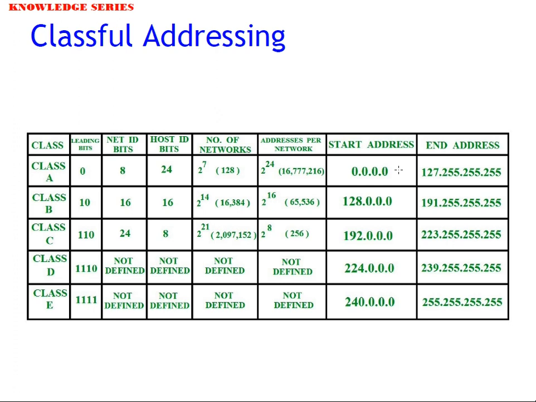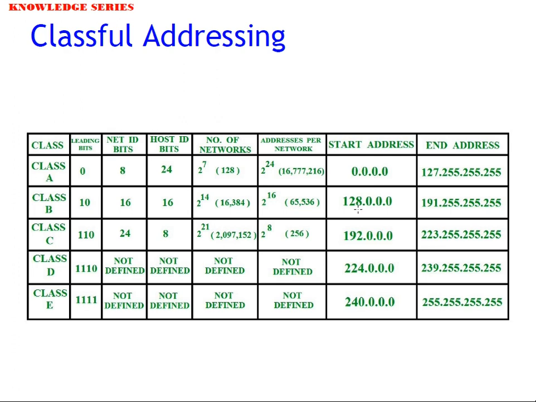The easy way to remember, as I have already informed you, is to think in a vertical way: 0, 128, then 64, 32 and 16.